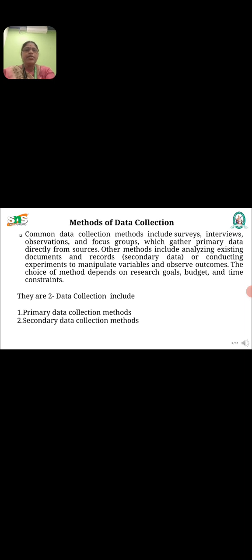The choice of methods depends on research goals, budget, and time constraints. So data collection includes primary data and secondary data collection. It is very important for any research, both the published data as well as the first-hand information.